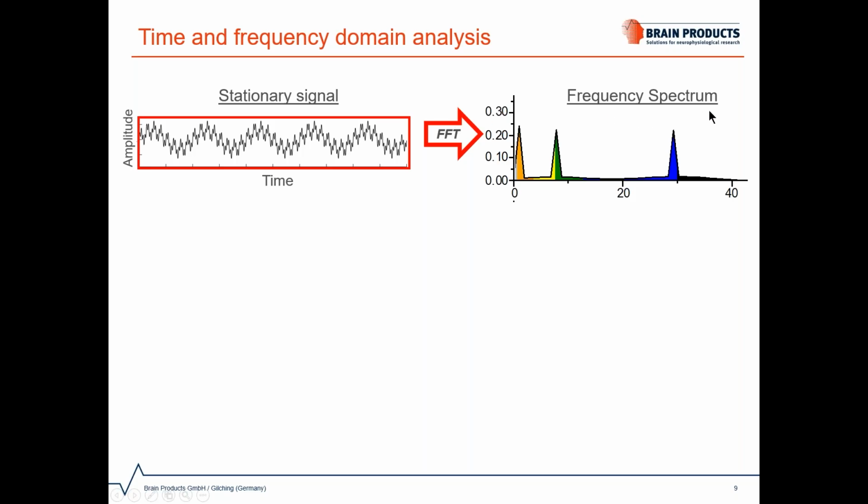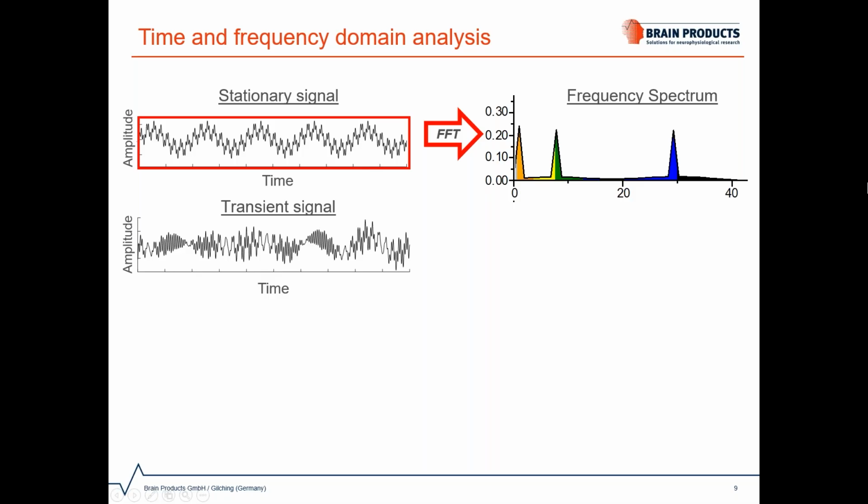The resulting frequency spectrum can express the strength or amplitude with which each oscillation is present in the signal. For example, we see that this signal consists of an oscillation at 1, 8, and 30 Hz.